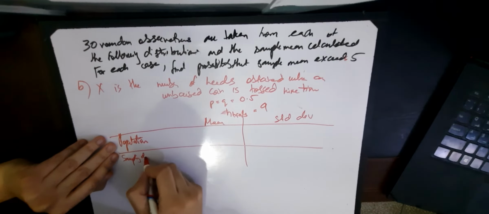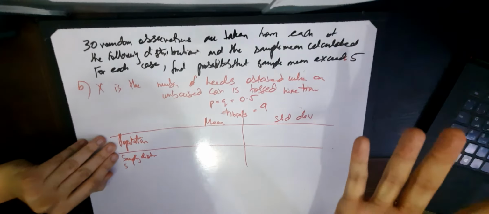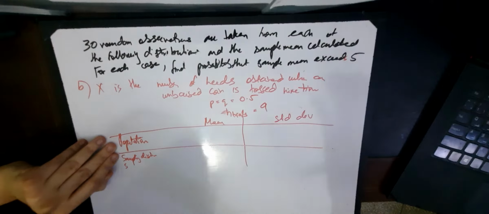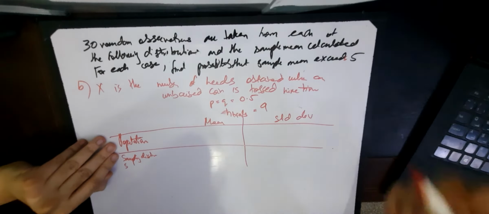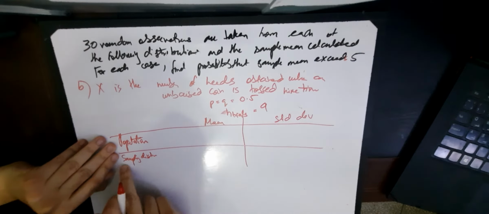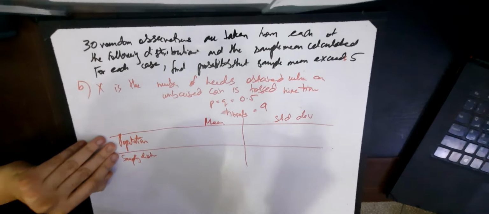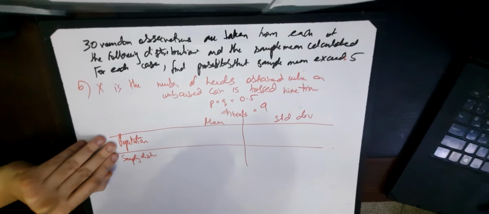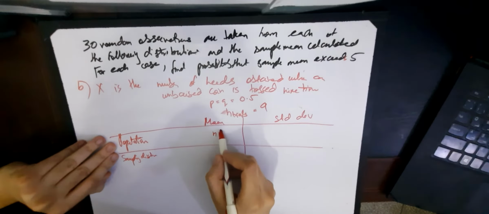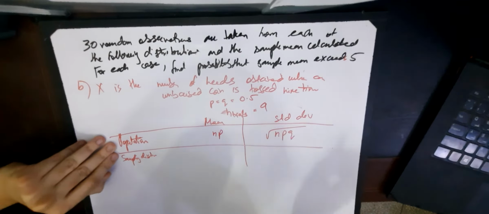Sampling distribution of sample means, again, because I've taken 30 random pickings from this population, and I'm trying to see what is the probability that my mean will exceed 5. When you have a binomial distribution, the mean comes out to be np, and your standard deviation is square root of npq.